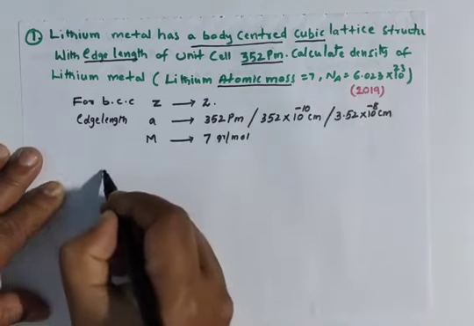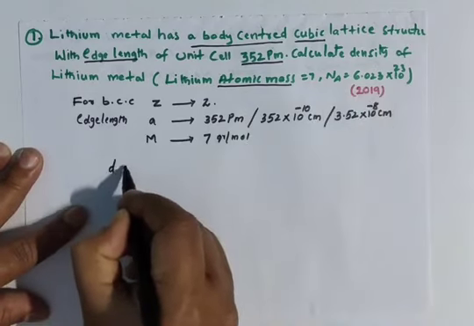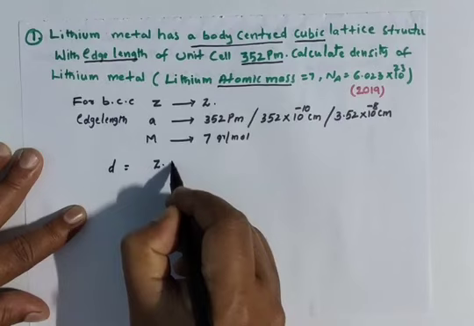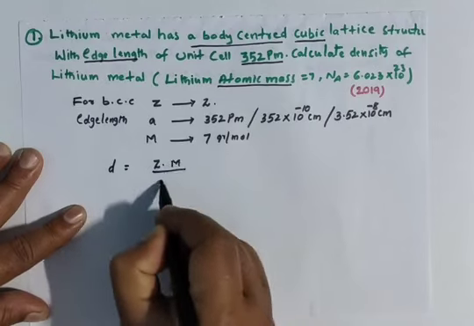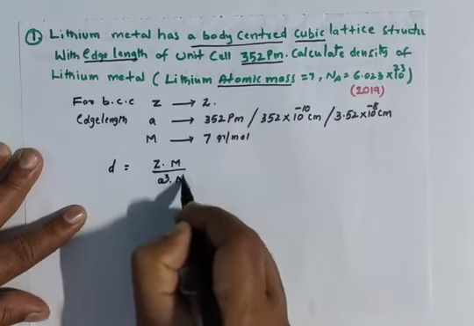You know the density of a unit cell d equals Z M upon a cubed into NA.